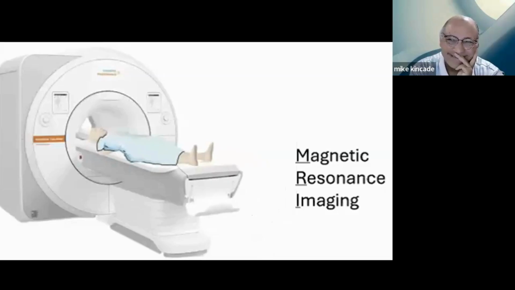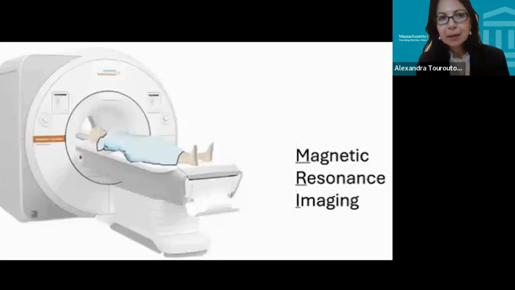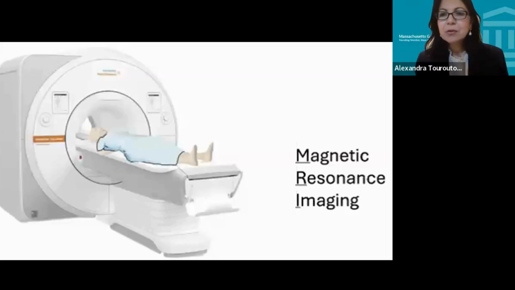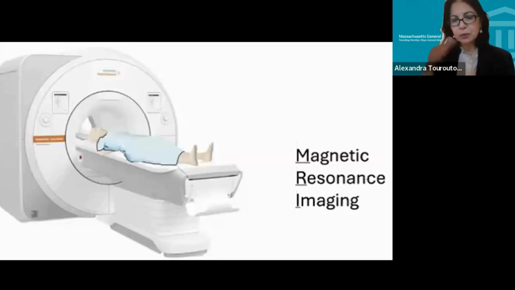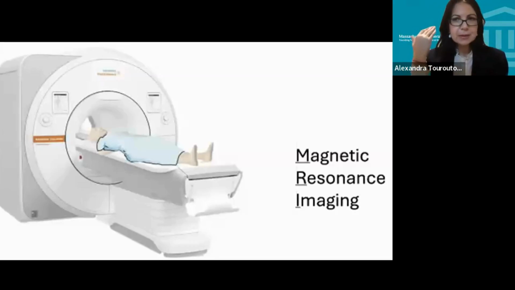And you wear earplugs because the MRI can be very loud and noisy. And for those that have had MRIs, you know very well that it is also a very tight space. So it can be a little bit claustrophobic, but you're slid into the center of it, and your legs are hanging out of the machine, but your head is actually inside of this hole.